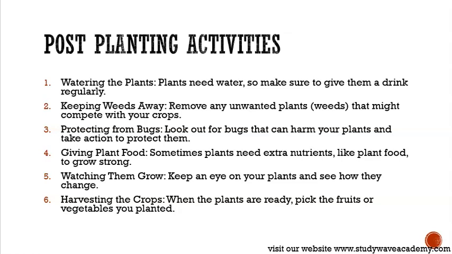Keeping weeds away. Remove any unwanted plants, weeds that might compete with your crops. You look for any extra plants, which are the weeds that have grown. You remove them because they will compete with your crops for nutrients, okay?